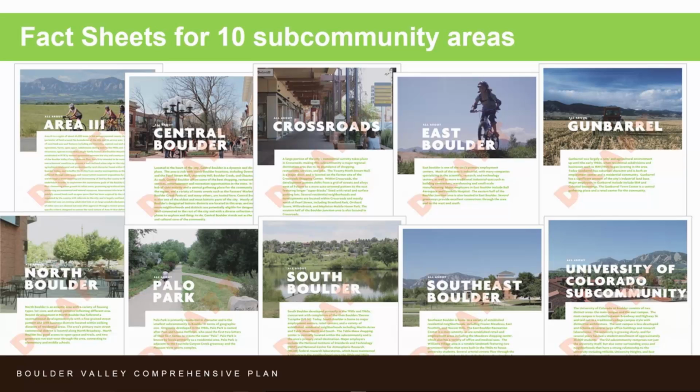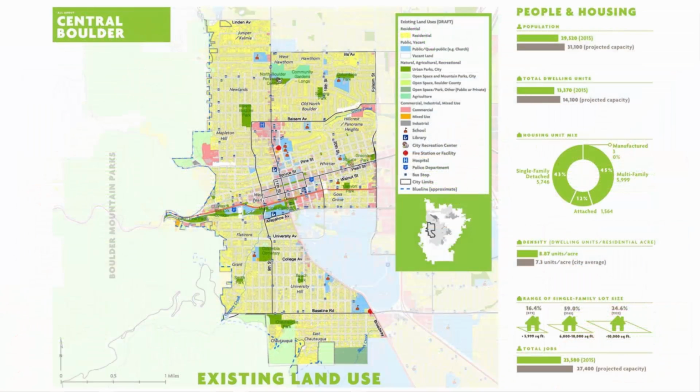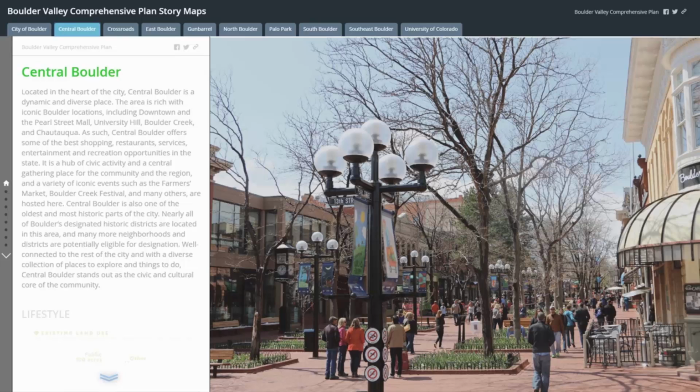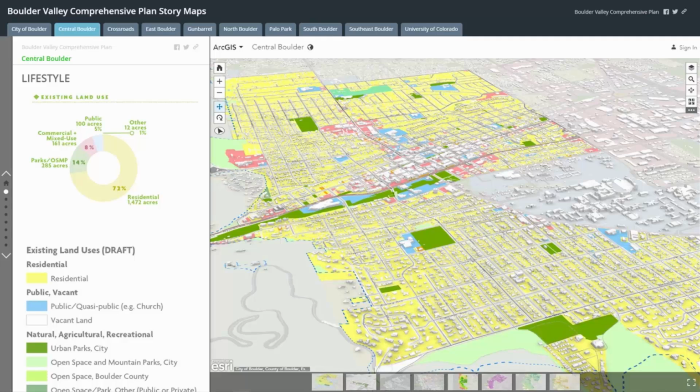They're also available online, and then we translated these paper versions into what now exists as story maps online for each of the subcommunities. This is what the subcommunity map for Central Area looks like in the paper version, and then it was translated, as were the citywide maps, into the story map platform, so that you can read a bit more about it, see some information, and dive in. So there are just a couple images here of what those look like at that level as well.